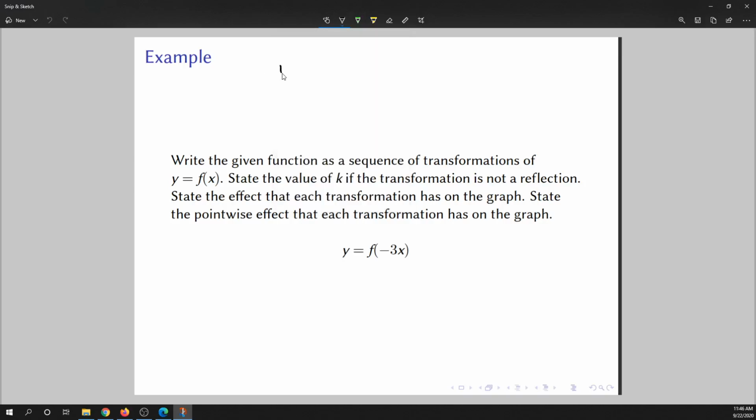All right, so starting with y equals f of x, we want to figure out which of these six transformations we can apply to wind up with this final result here.